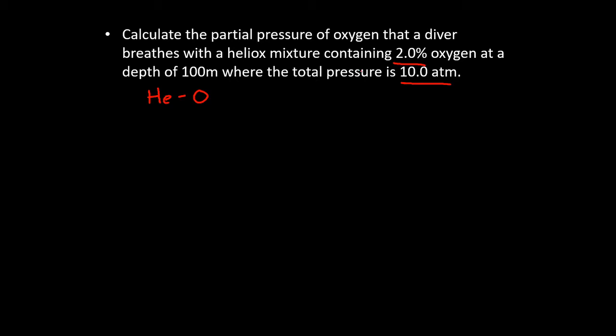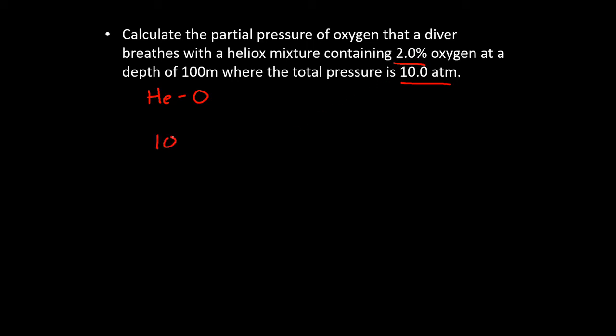Because we're always going to have 2% oxygen. The only thing that's changing is the total pressure. So the amount of helium in the mixture and the amount of oxygen in the mixture are going to be changing, but the percentage is going to stay constant. There's always going to be 2% oxygen and 98% helium.